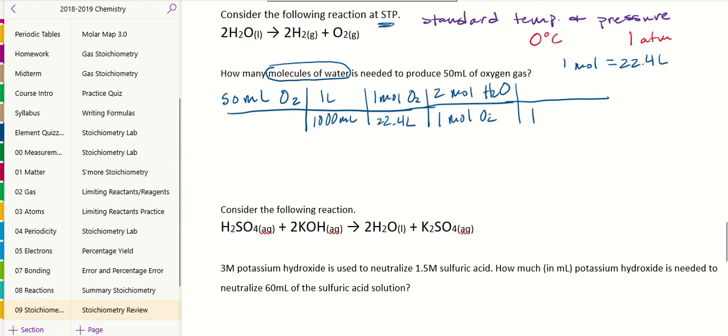And I know 1 mole of H2O is equal to how many molecules? 6.022 times 10 to the 23rd molecules of H2O. 50 divided by 1,000 divided by 22.4 times 2 times 6.022, second EE 23, enter, will give you your answer. 2.69 times 10 to the 21st molecules of H2O is your answer.